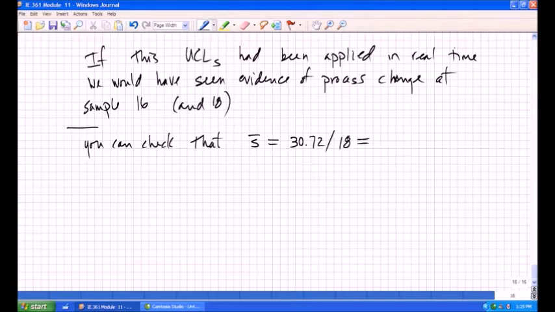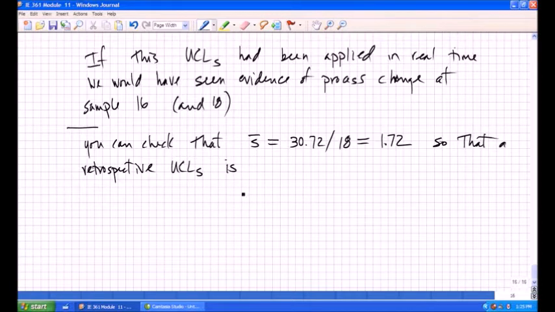You get an average S of 1.72, and that means that a retrospective upper control limit for S is, well, what I need is a big B4 times S bar.